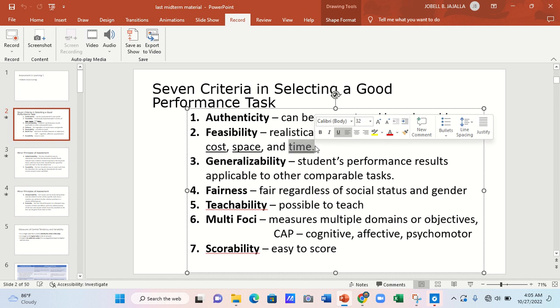You not only have to take into account the time for the actual performance, but you also have to make sure that there is enough time for preparation. For example, you had a performance task where you ask students to produce a full-blown research from the first chapter down to the last chapter.